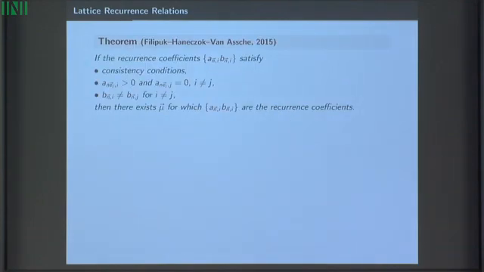In fact, as in the classical case, the recurrence coefficients for multiple orthogonal polynomials determine the polynomials and the measures of orthogonality in some sense. So here's the theorem. You take the recurrence coefficients, and assume they satisfy the consistency conditions, so you can build your polynomials.